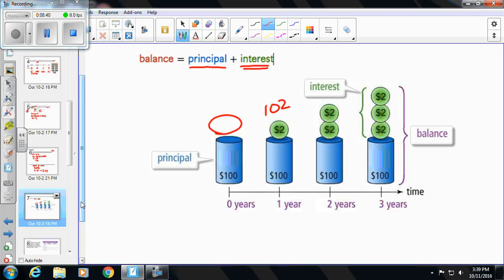Here, after 2 years, I've earned $2 twice, so it would be $104. For 3 years, I'd earn $6. So my interest here is $6. My balance would then be $106. Okay, so my balance at time 0 would be 100, my principal, what I deposited.